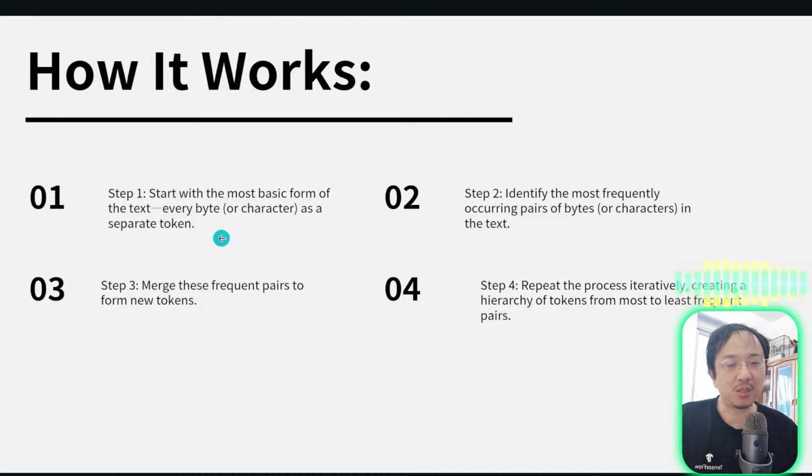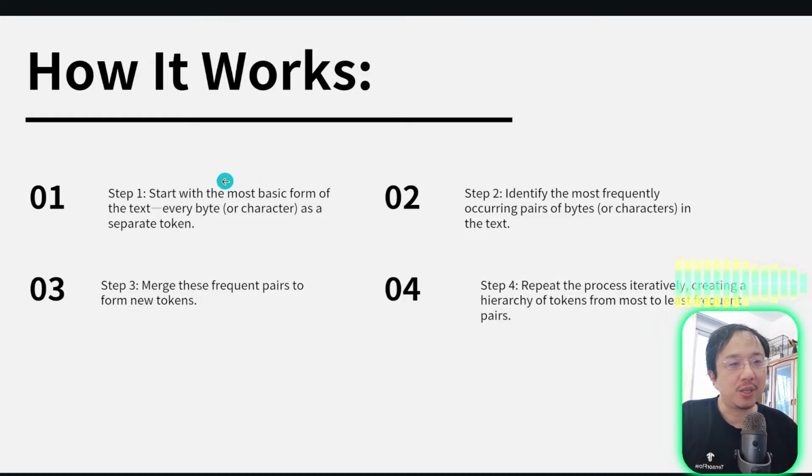So we start with something that works: the character level. Our dictionary contains every byte as a separate token, so it can encode every possible text. But we are going to improve the dictionary to make it more efficient.